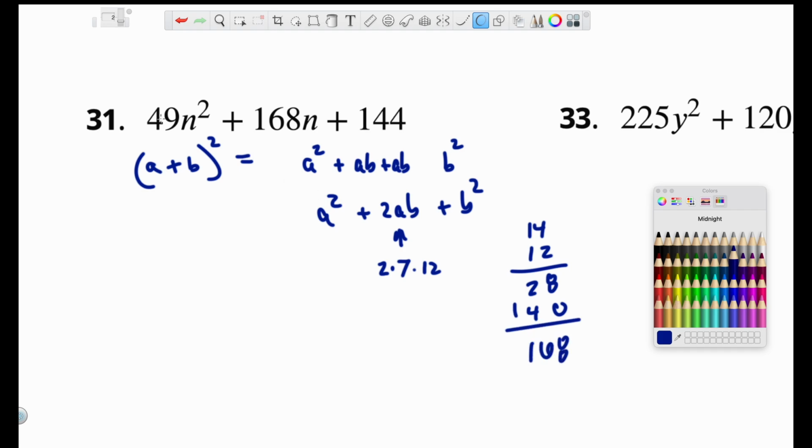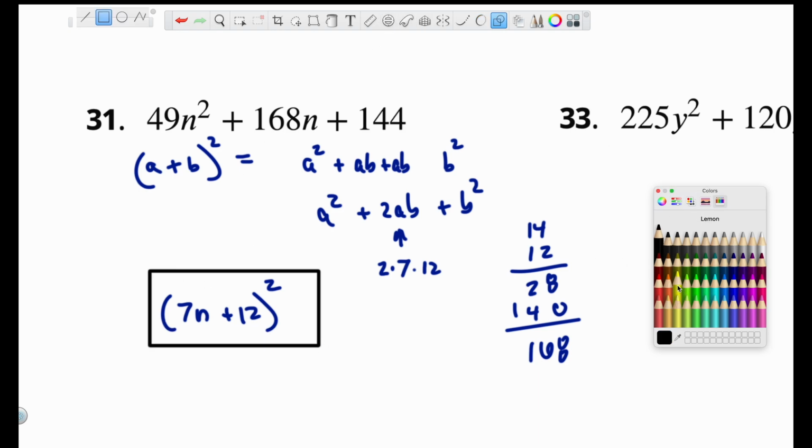It does. This is a perfect square, guys. So it's just going to be 7n plus 12 squared. Square root of that, square root of that. We're going to use the plus sign this time because we have a middle term. And that's our solution right there. Hope that makes sense.